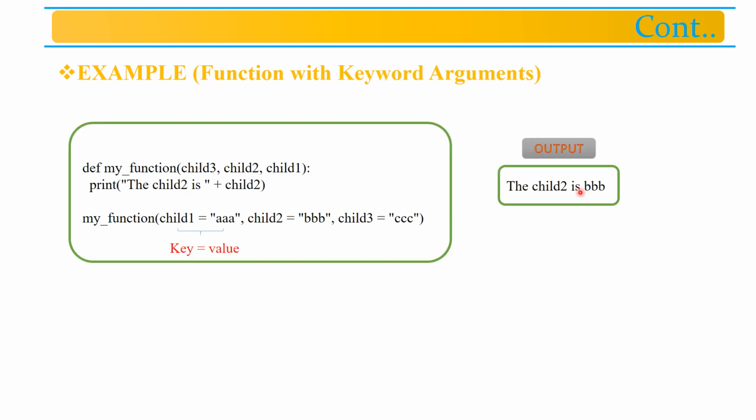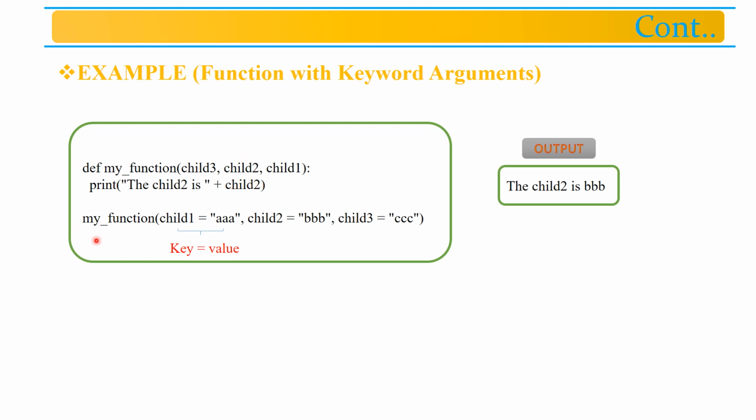The next example is the function with the keyword argument. Here, def my_function, I have passed three parameters: child3, child2 and child1. Print the child2, and here I have used the concatenation operator, so whatever value is in child2 will get printed over here.